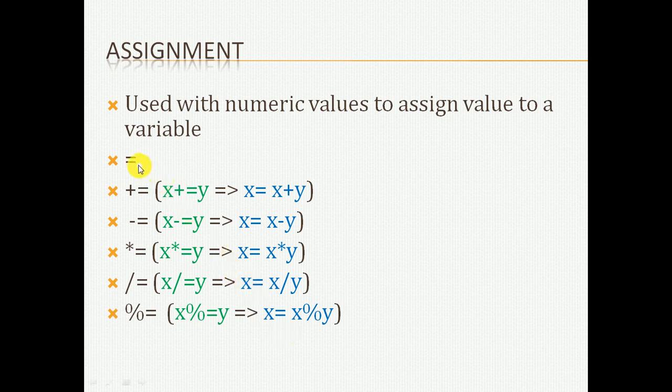They can be of type equal to; plus equal to, so $x plus equal to $y is equivalent to $x equals $x plus $y; minus equal to, so $x minus equal to $y is simply $x equals $x minus $y; star equal to, so $x star equal to $y is $x equals $x star $y; then division equal to, so $x division equal to $y means $x equals $x divided by $y; and then percent equal to, so $x percent equal to $y is equivalent to $x equals $x percent $y.